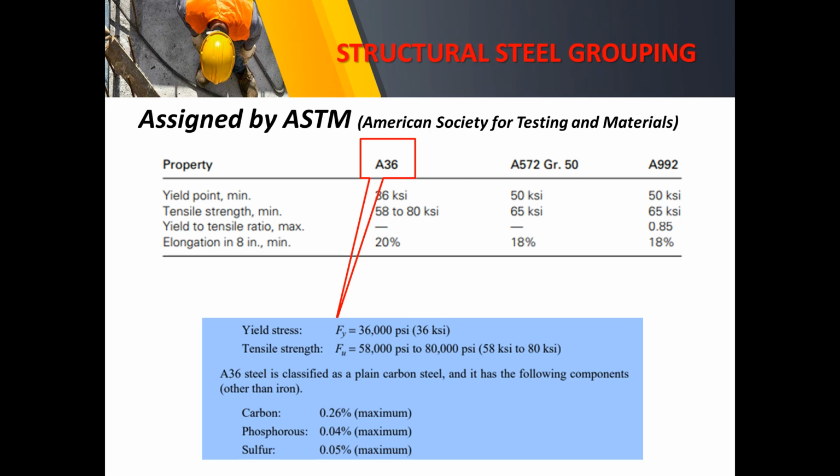So it has the following components. Okay. So our concern here is the Fy and the Fu. So the yield stress and the tensile strength. So this is Fy and that is Fu.